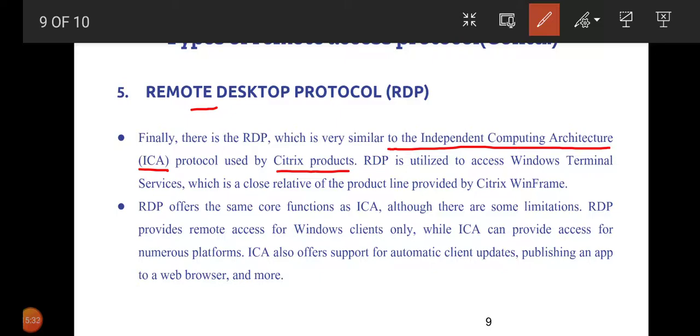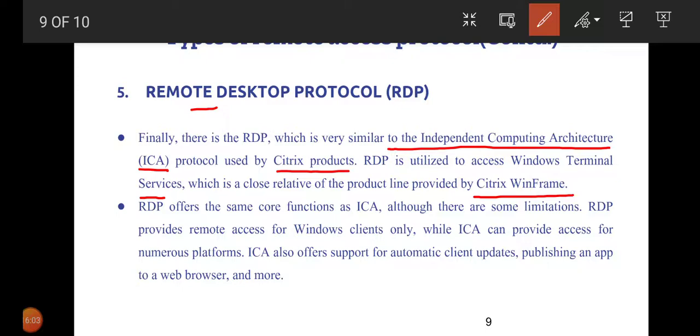So it is utilized to access Windows Terminal Services, which is a close relative of the product line provided by Citrix WinFrame. Citrix WinFrame is basically an organization dealing with this kind of remote desktop protocols or remote desktops, and they provide these desktops so that we can host our machine, or host some other machines, in their remote desktop, and we can work from any part of the world.